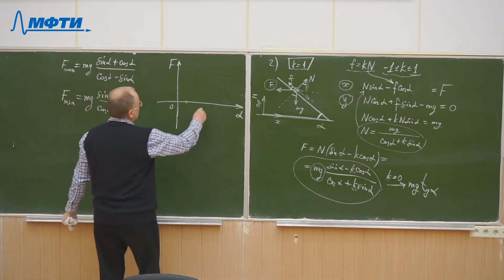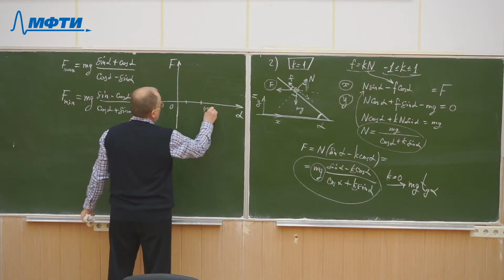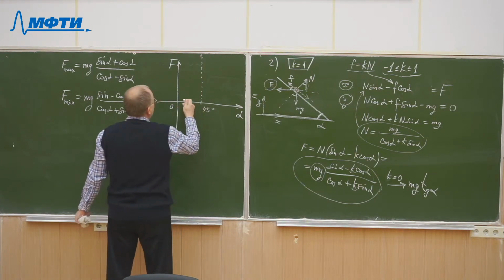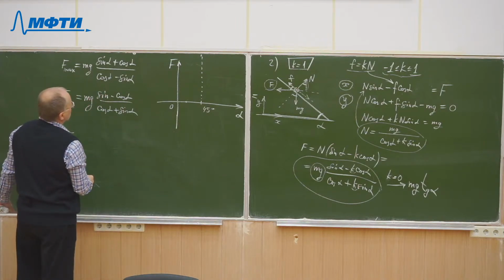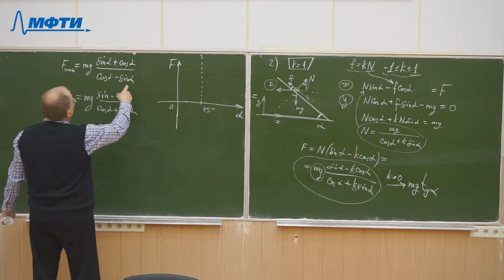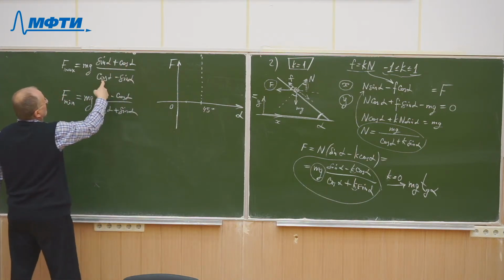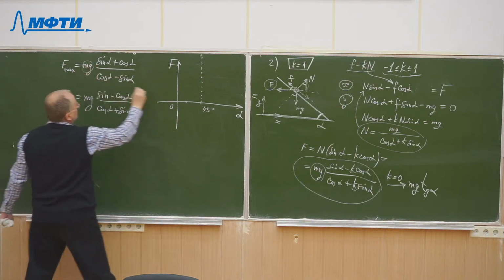At this point, at 45 degrees, the force will be infinite. But if alpha is 0, then sine is 0 and cosine equals 1, so the force equals mg.